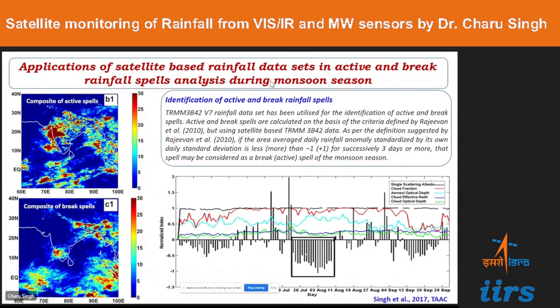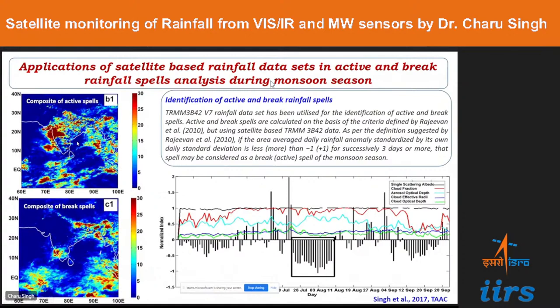If we look at these negative anomalies, we can see an extended negative anomaly spell during 2009. This was one of the longer break spells which were responsible for making 2009 a drought year of the Indian summer monsoon.